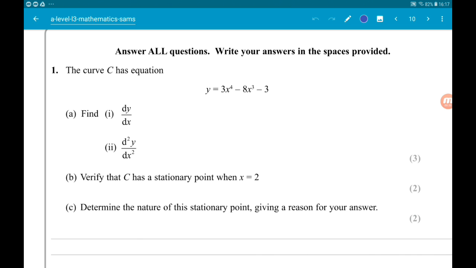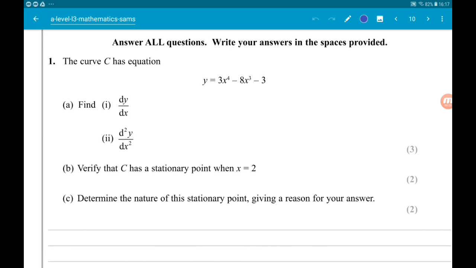So we are differentiating. 3x to the power 4 becomes 4 times 3x to the power 3, so 12x cubed. And then minus 8x cubed becomes minus 24x squared.